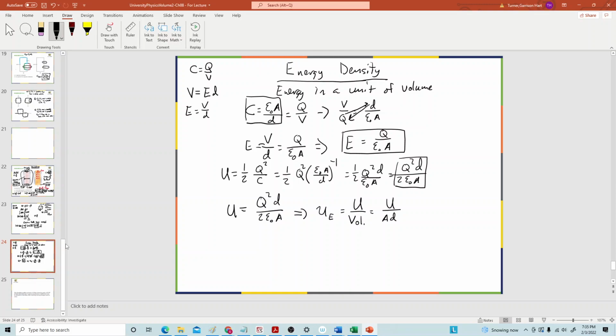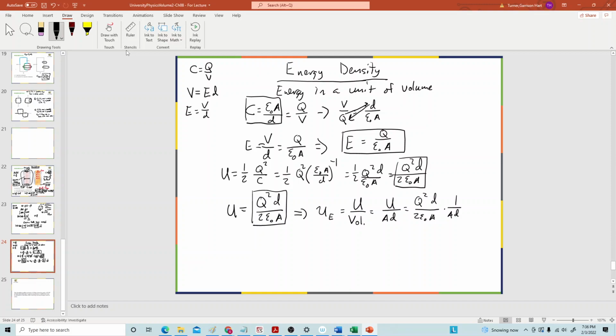Okay? So this is going to be U divided by AD. And so if I take this expression and I divide that by AD, I'm going to get Q squared D over 2 epsilon naught A times 1 over AD.